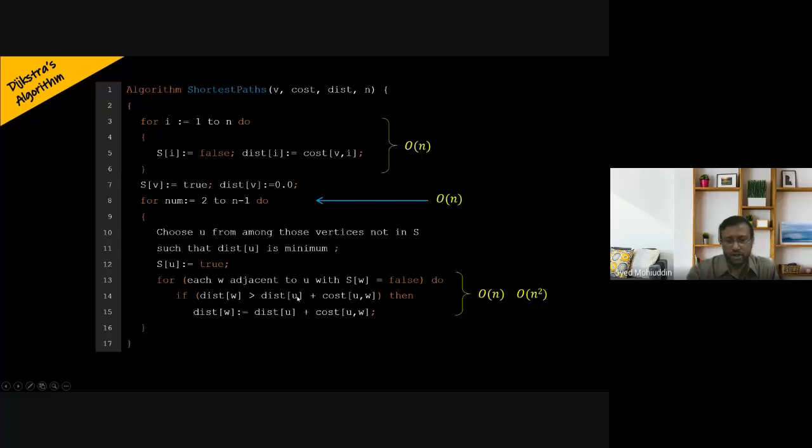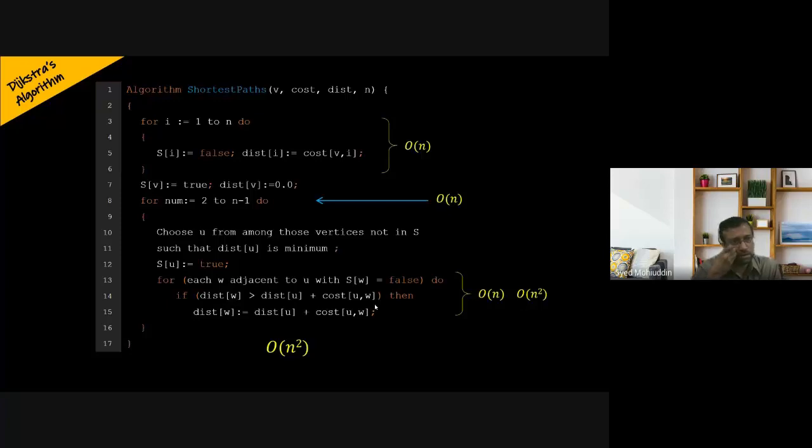So performing the relaxation technique takes O of n square, because we have a for loop within a for loop. So we can say that the overall time complexity of Dijkstra's algorithm is O of n square, which is quadratic.